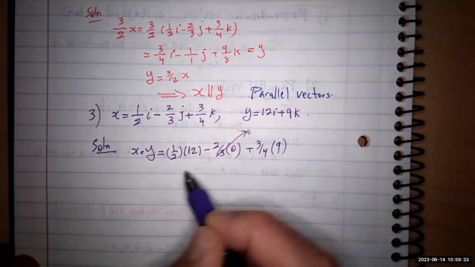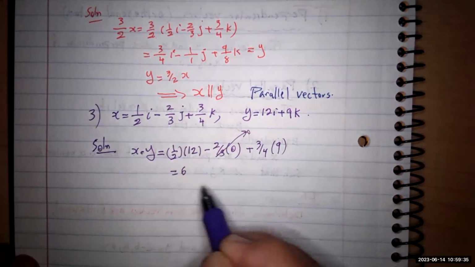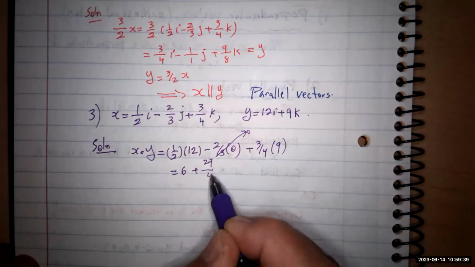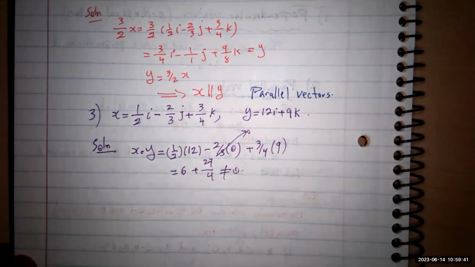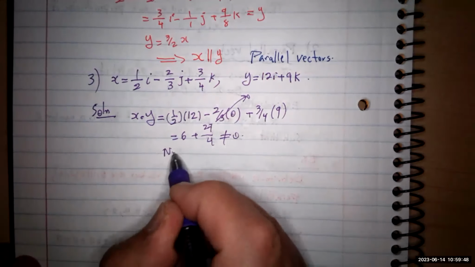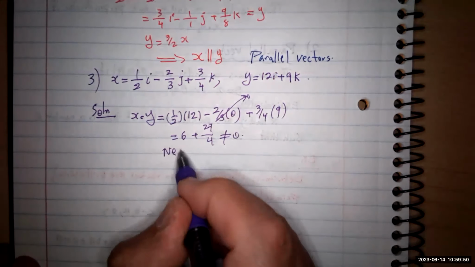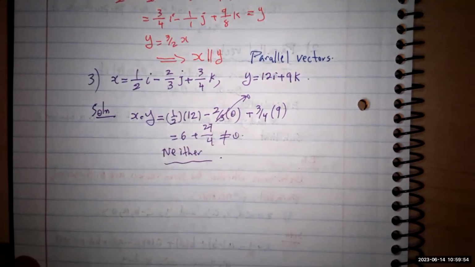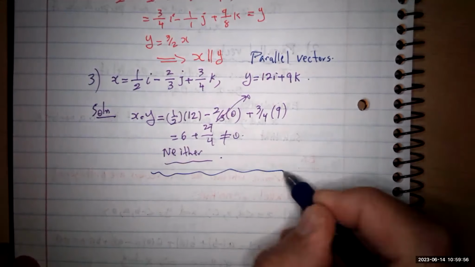Okay, this would be 6, 0, and 27/4, not 0. And as you can see, one of them is not the scalar multiple of the other one. So the answer is going to be, in this case, neither. They're not parallel and they are not going to be perpendicular.